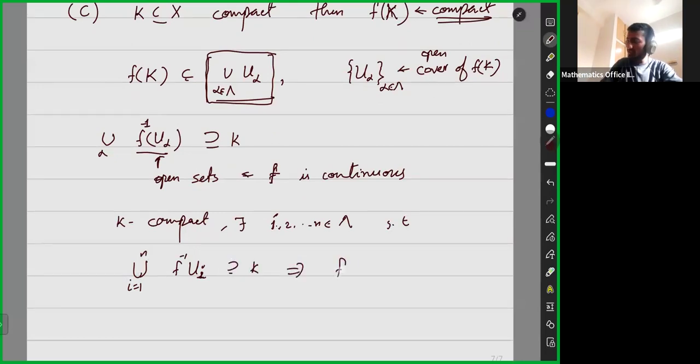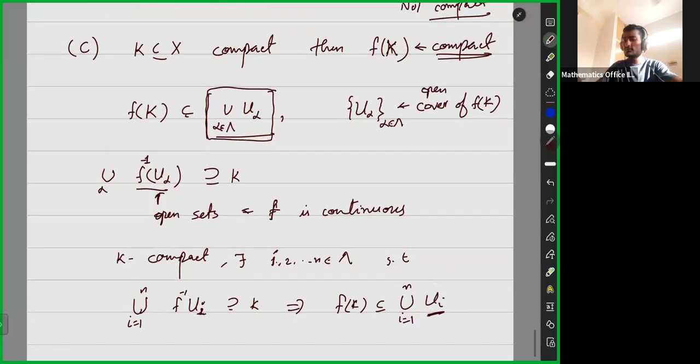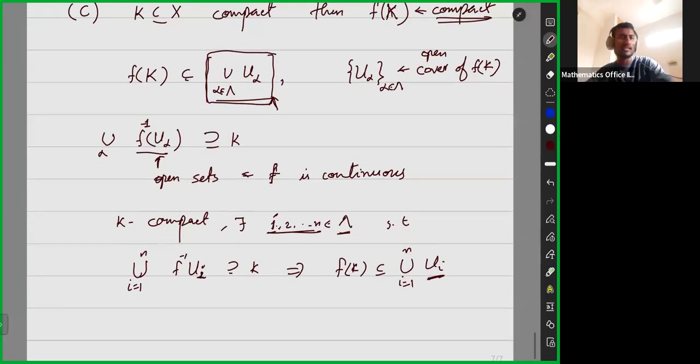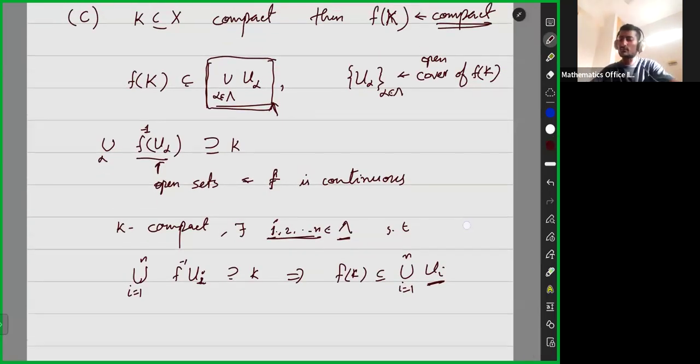But this will imply that K is contained in the union of u_i, i from 1 to n. This u_i belongs to this cover, because these numbers 1 to n are indices from here on. So there are some finitely many alpha which cover f(K). So we get the proof, right?